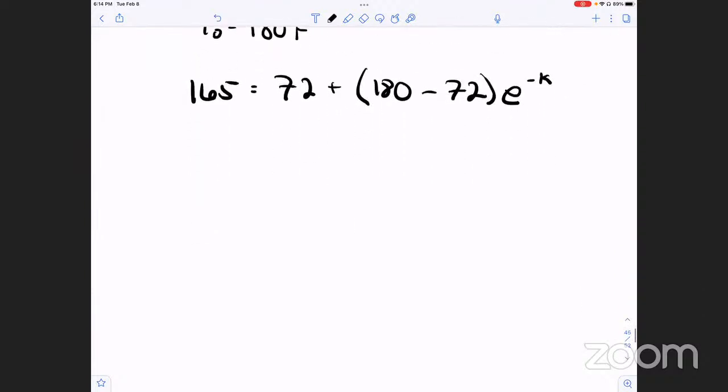If we subtract 72 on both sides, on the left we get 93. 180 minus 72 is 108, times e to the negative k. Divide both sides by 108. e to the negative k equals 93 over 108.